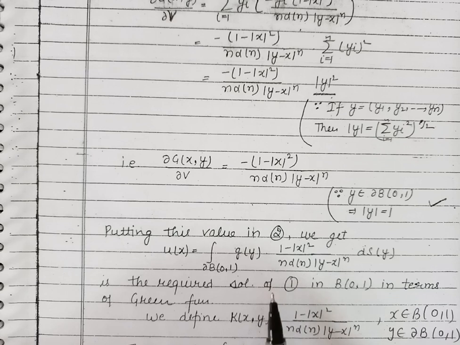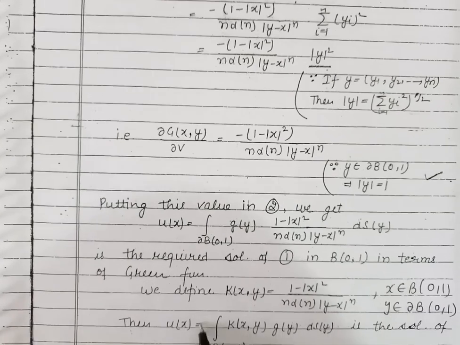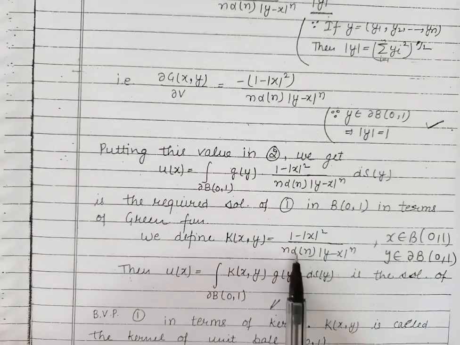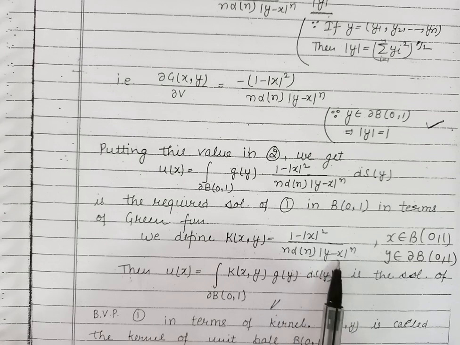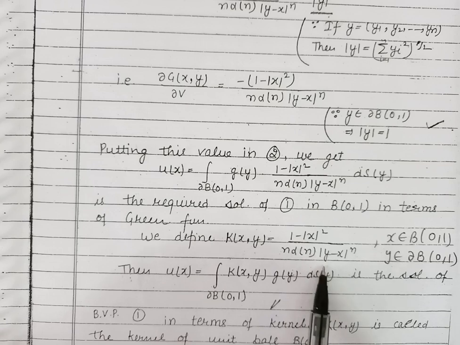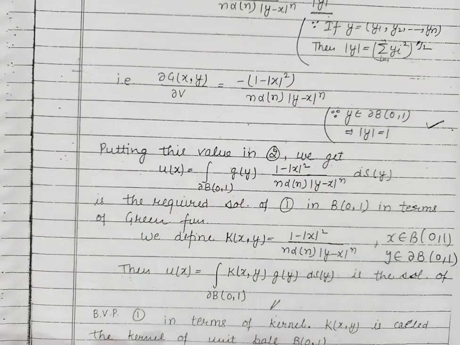And we can write this formula in terms of kernel also. So if we define kernel given by this quantity 1 minus |x| square upon n alpha n |y minus x| raised to the power n, here x belongs to the unit ball and y belongs to the boundary. So by using this, the representation formula becomes u at x is equal to integral of the kernel k into the function g over the boundary of the unit ball.